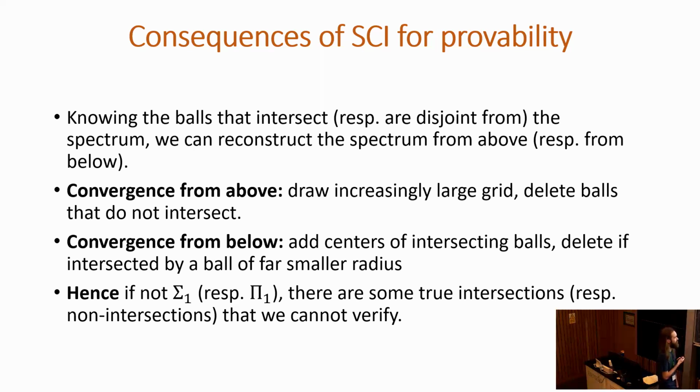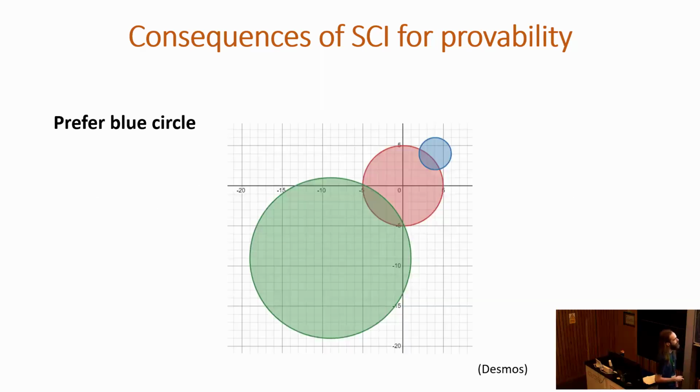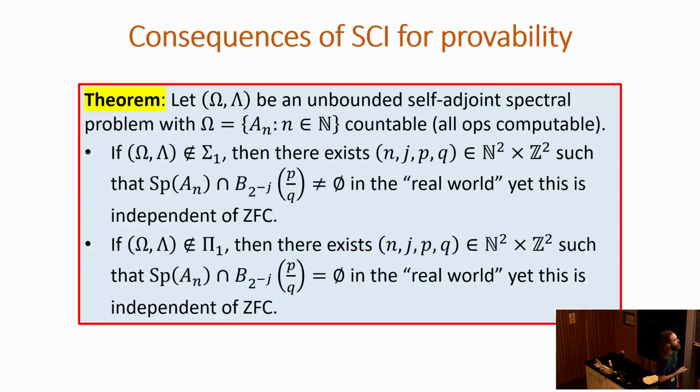So we can actually form this result: if the spectral problem is not sigma 1, then there are some true intersections that we cannot verify within the axioms of ZFC. And then this is just an example. Say we have this ball, we wouldn't delete it if it was intersected by the green one, but there's a blue one, so we delete the red ball to get a better approximation here.